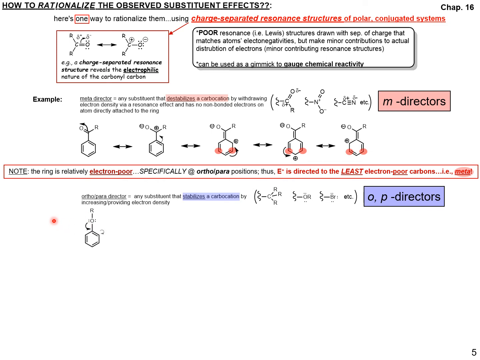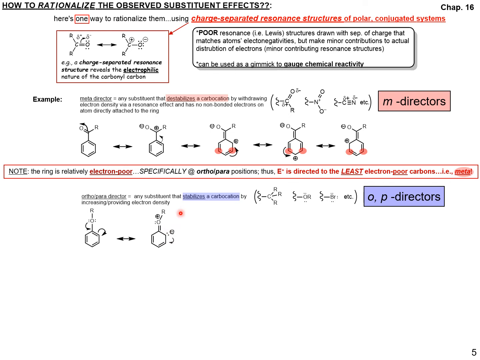And so if I draw an extreme structure like this, and I make an oxygen-carbon double bond between the oxygen and the carbon on the benzene ring to which it is attached, I'd have to then break a pi bond in the benzene ring, and I'll localize this lone pair on this position over here.